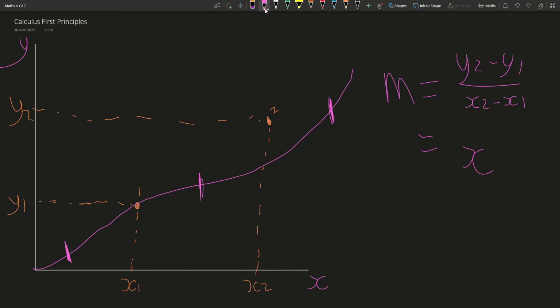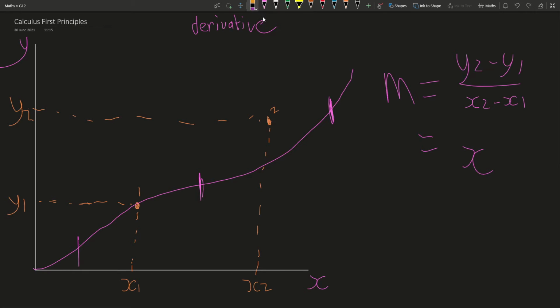And so if you've heard the fancy word derivative, that's what that means. It means the equation that can give us the gradient at any point. We just tell it, okay, we're looking at x is 1, or x is 5, or x is 7, and we can figure out from that what's the gradient.